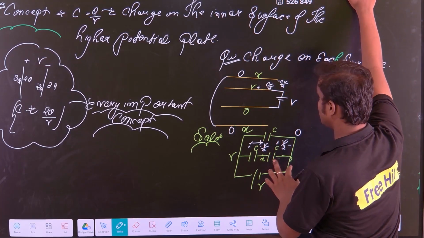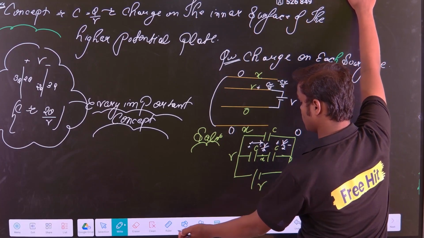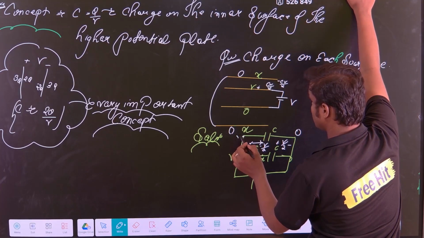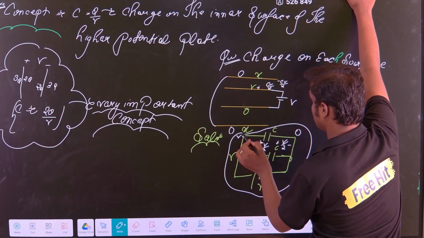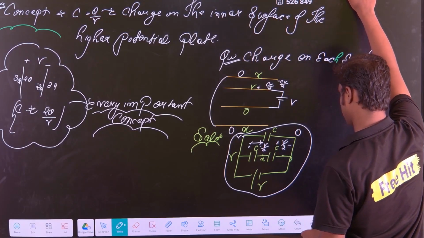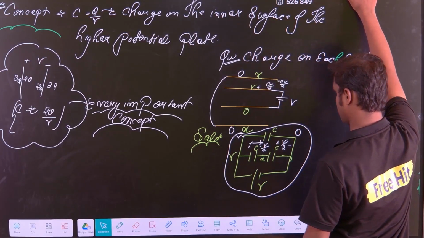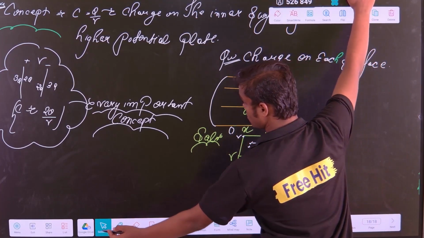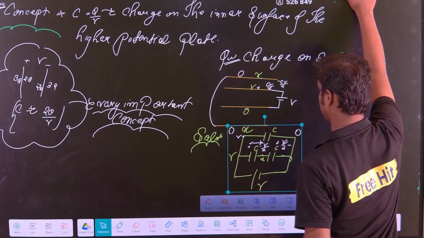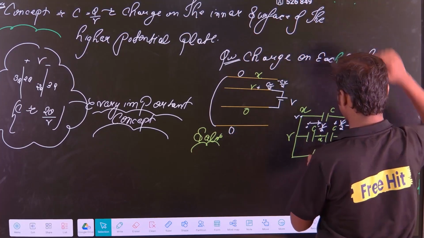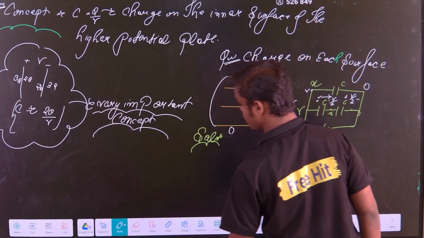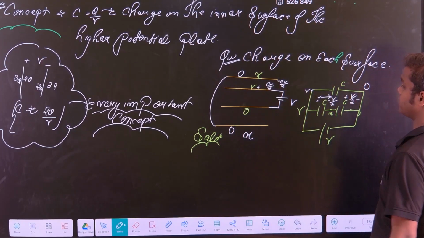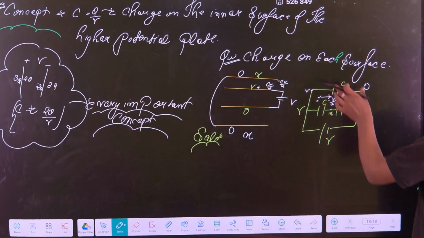Now after that you come to V and 0. This is not X now, this is V and 0. Remember, this point is V. So what is the charge on this?